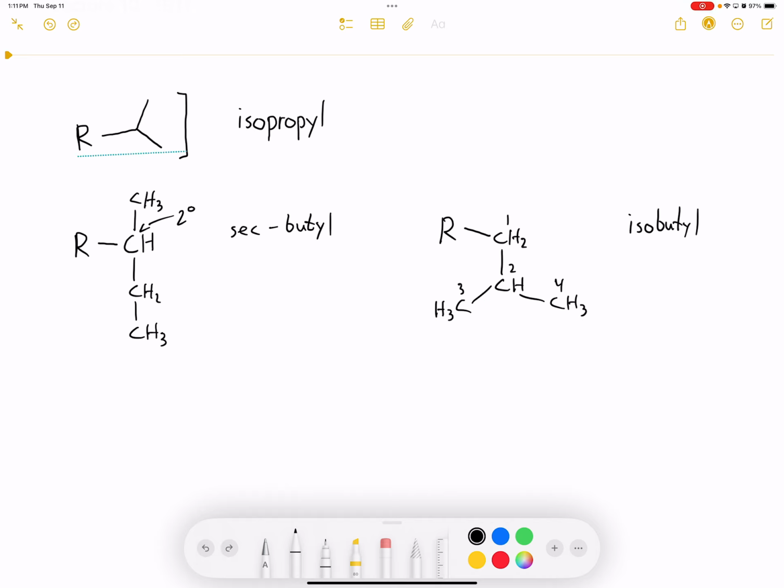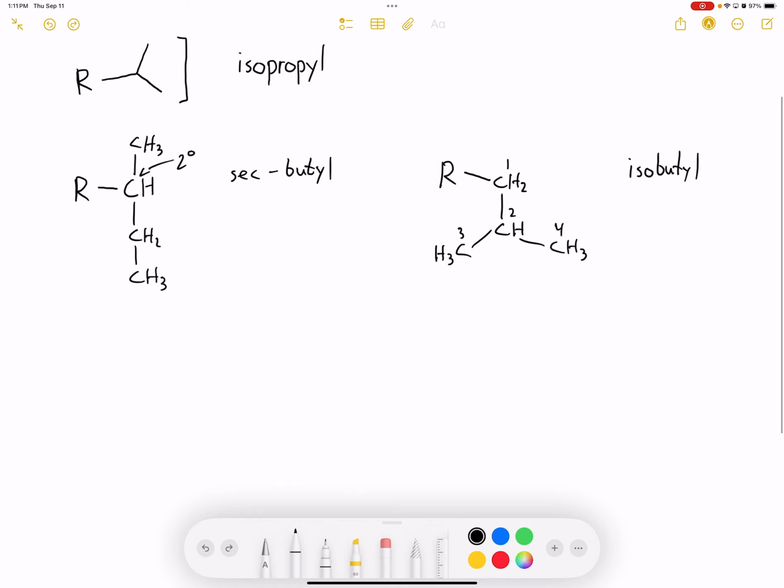Okay? All right, there's one more for 4. Anyone know? Terbutyl, right. So R, that's our attachment. C, CH3, CH3, and then CH3. So that's terbutyl.